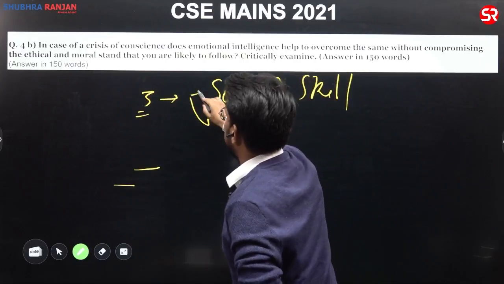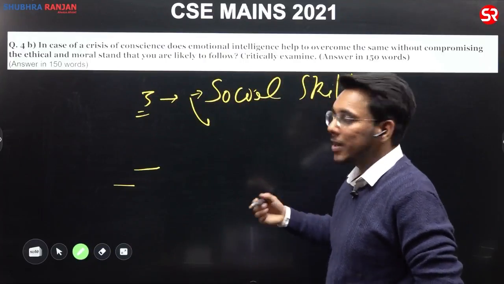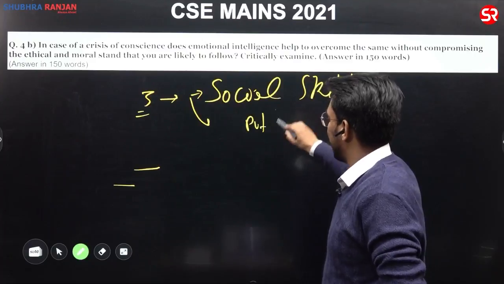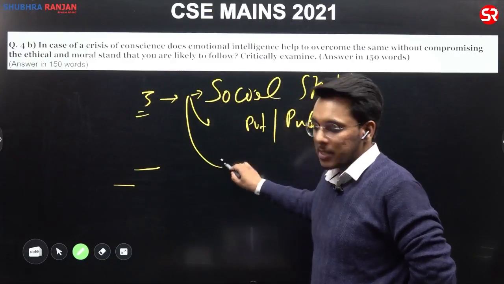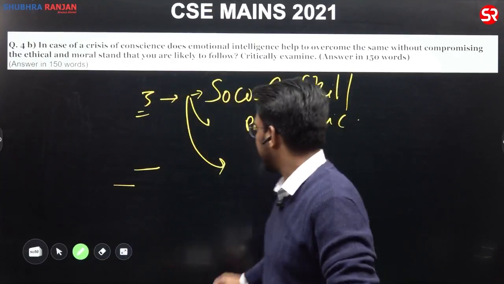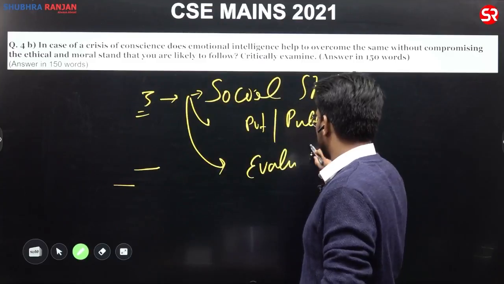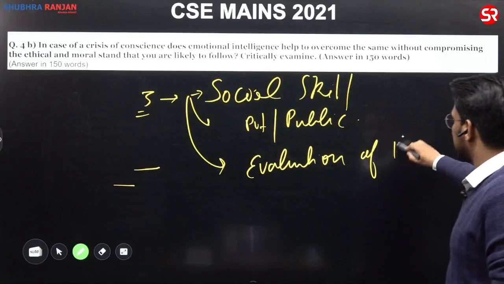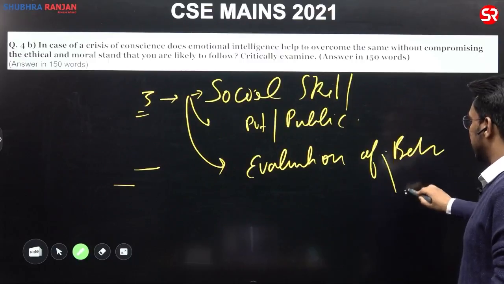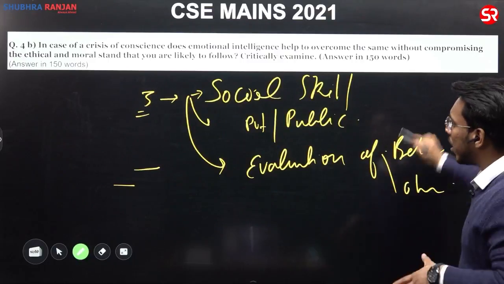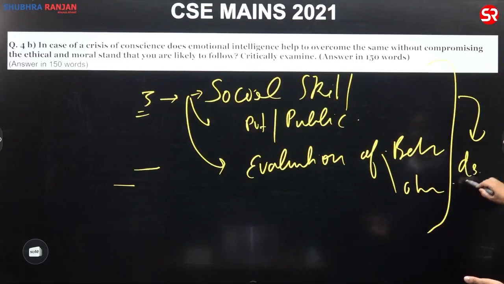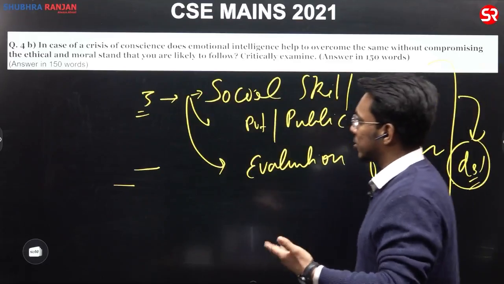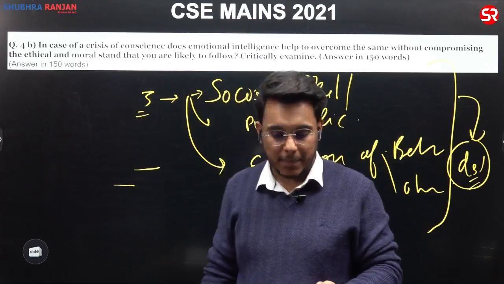A person having high emotional intelligence will be able to understand the emotions pertaining to different capacities, private capacities and public capacities. He can do the rightful evaluation of his own behavior as well as others' behavior. Clear? And by all these factors, he can forecast what is the most desirable thing to be done. In this way, emotional intelligence can help you out.